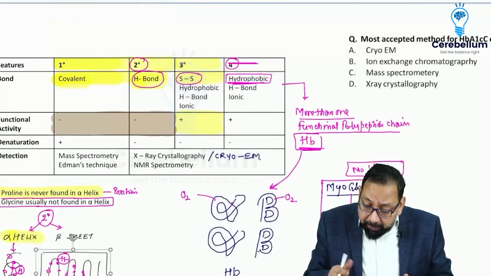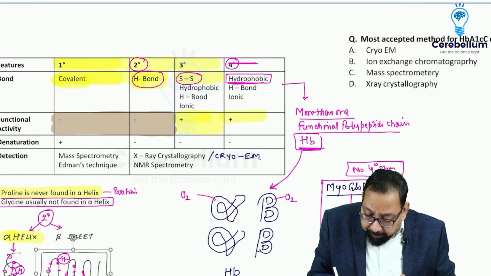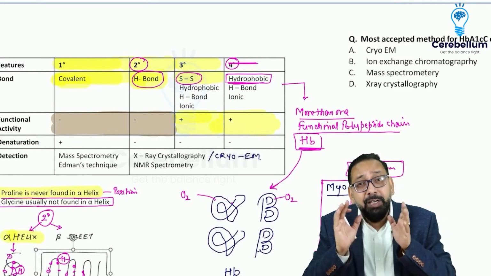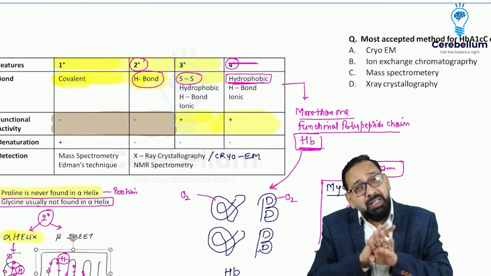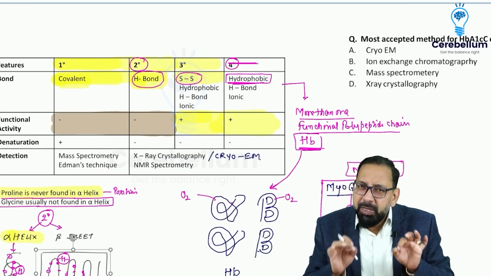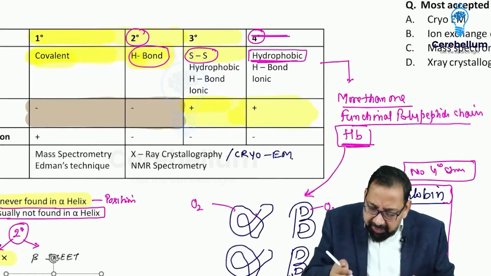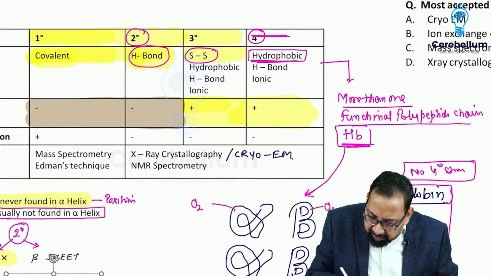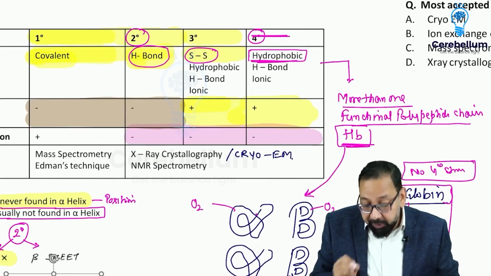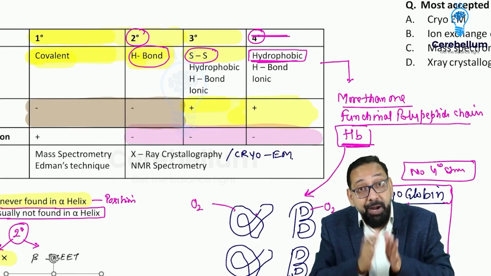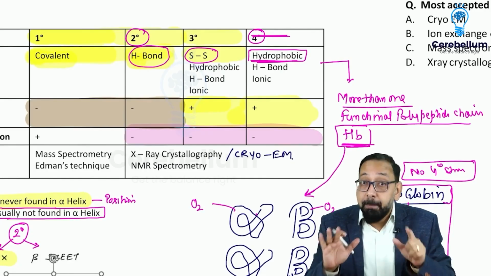We found that functional activity is present in tertiary and quaternary structure, and if I heat the protein, the protein is denatured. When you heat a protein, the secondary, tertiary and quaternary structures are lost. But the primary structure, that covalent peptide bond, is not broken down by heat.